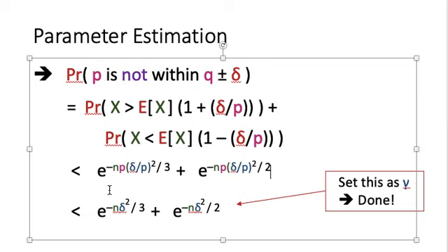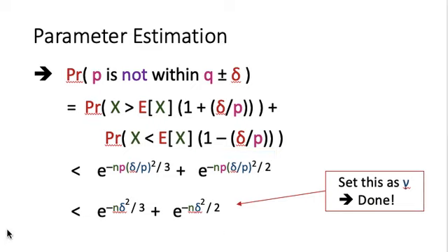So in that case, we can replace this term by a weaker bound by setting p to be equal to 1. So in that case, we have this term to be strictly smaller than e to the power minus n delta squared over 3. And similarly, this term, we will bound it by saying that this is smaller than e to the power minus n delta squared over 2.